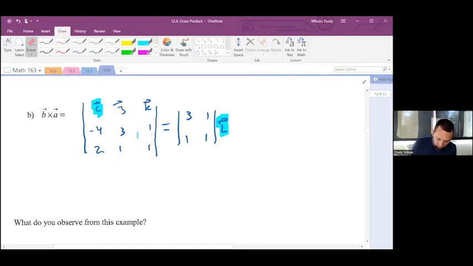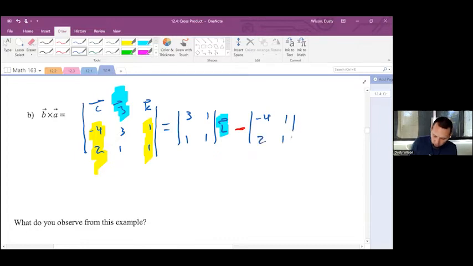And next we focus in on the j's. Okay. So this would be a minus that's built into the formula. So I'll have negative 4, 1, 2, 1 times j, plus, and we're going to expand around the k.